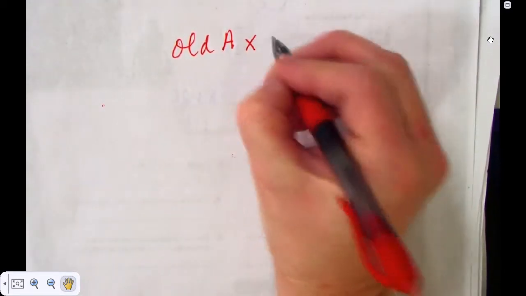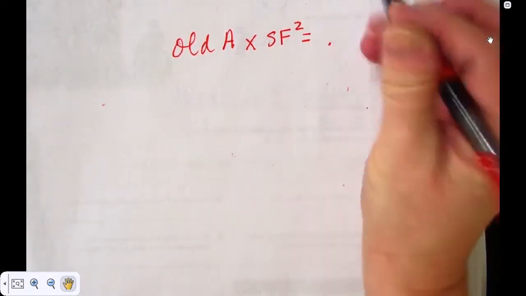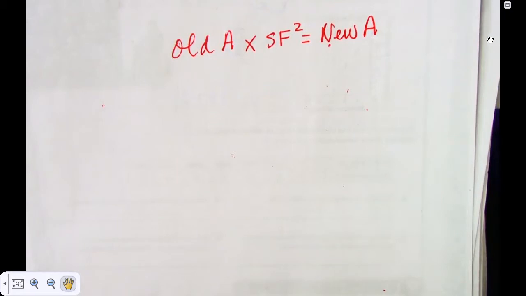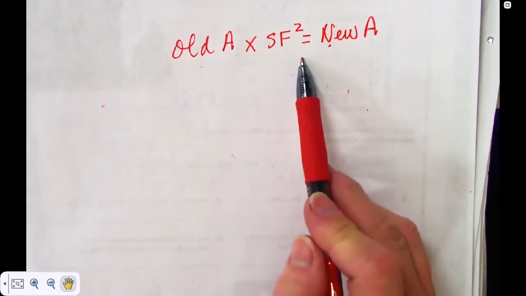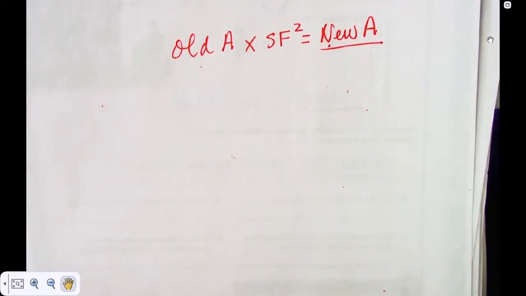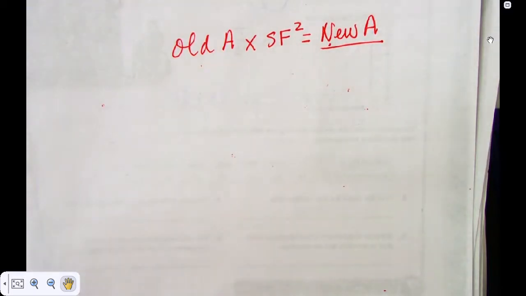Old area, write this at the top of the page. Old area times scale factor squared gives you the new area. Write that at the top of the page, please.